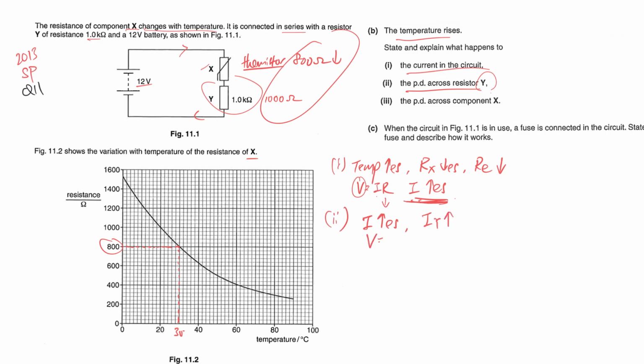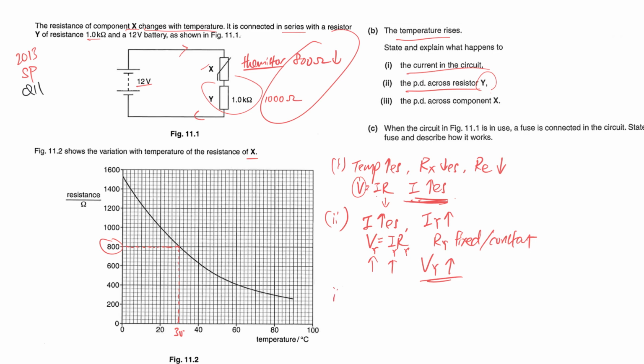Using V equals IR, the potential difference for Y is the current through Y times the resistance of Y. But this R of Y is fixed, it's constant. Therefore, when the current increases, your potential difference across Y will increase. That's very straightforward also.